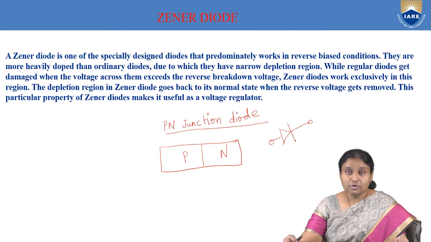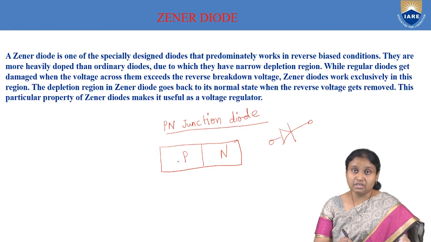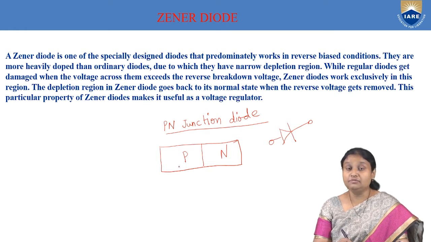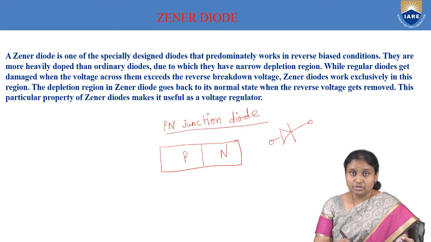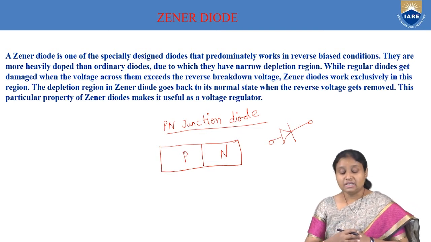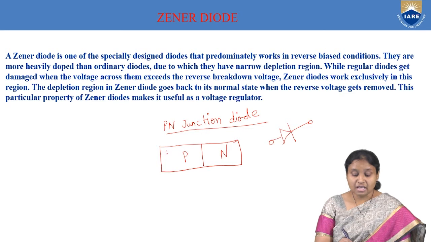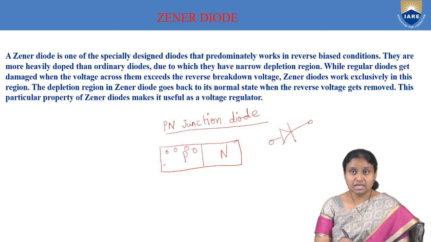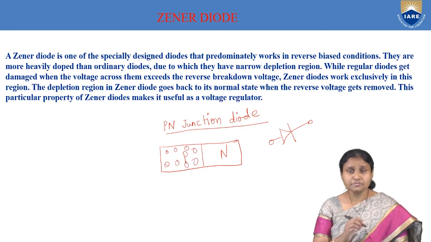Now, what happens when a PN junction is formed? We know that P-type semiconductors are generally formed by adding trivalent impurities to an intrinsic semiconductor. These trivalent impurities have a tendency of accepting electrons from the valence band of the intrinsic semiconductor. So P-type semiconductors have majority charge carriers as holes, and a very few number of electrons.